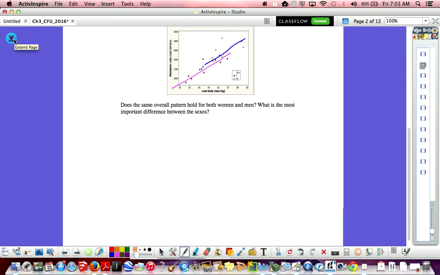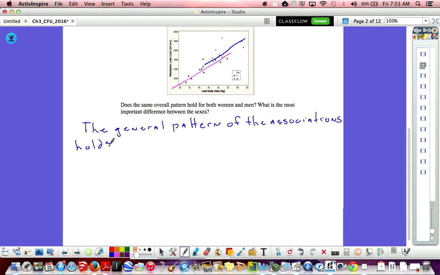So we would definitely say the general pattern of the association holds true for both men and women.